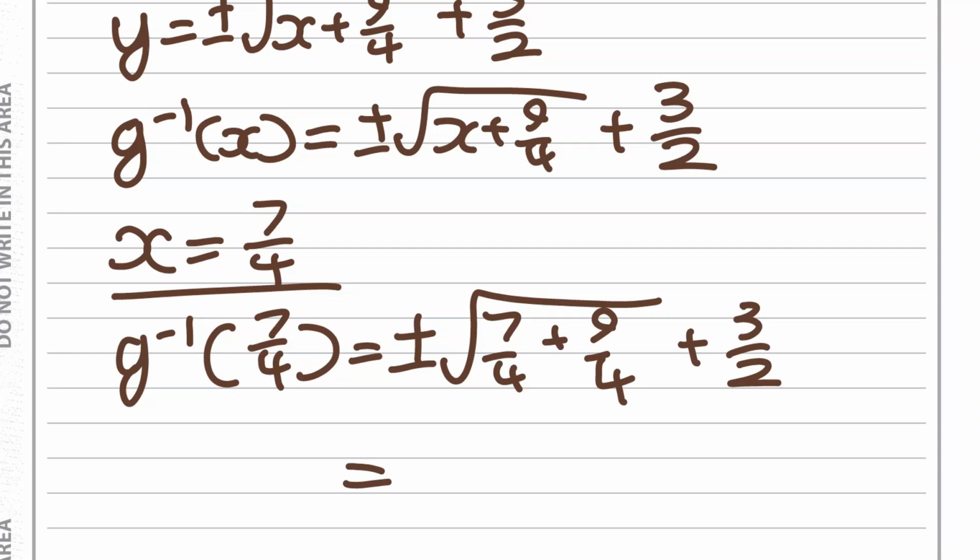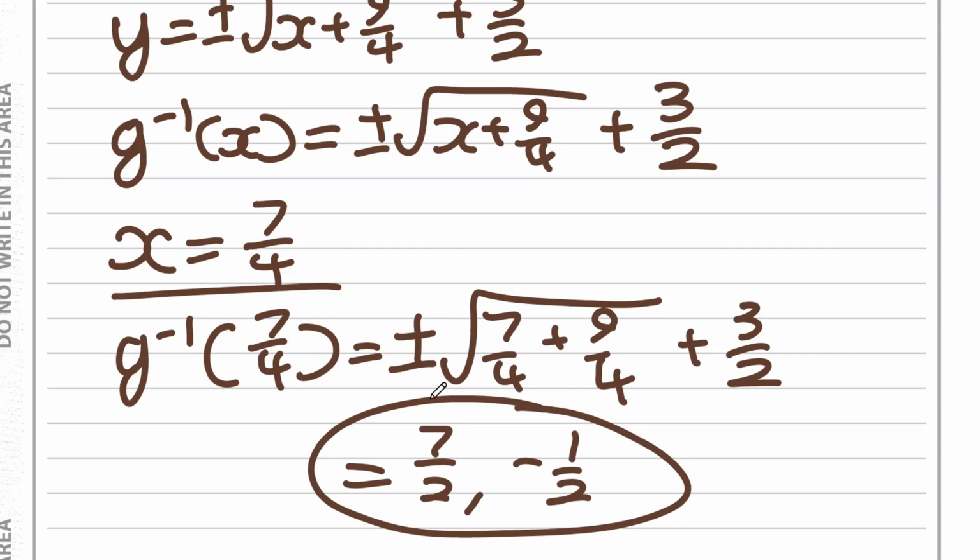Now this can be equal to two things because of this plus minus here. It can be equal to either 7 over 2 or minus a half. This is a 1 to many mapping because one x value gives out multiple y values, and you cannot have this for a function. So the inverse is not a function.